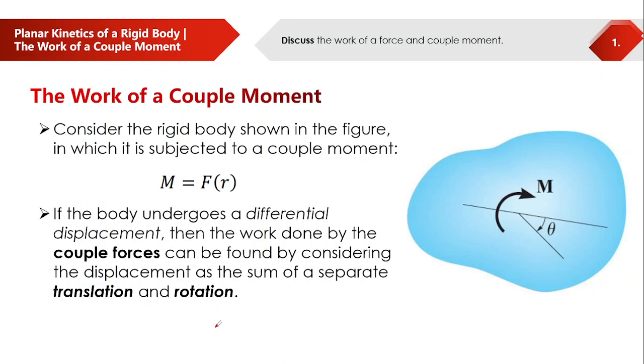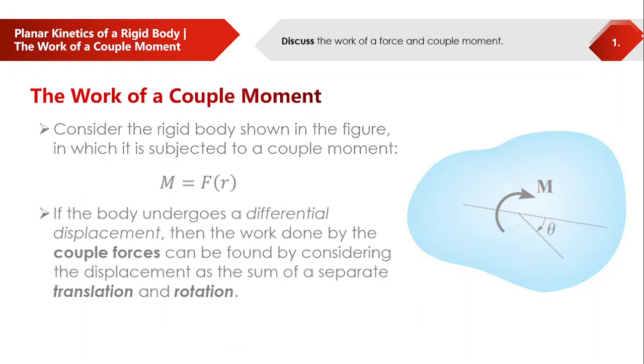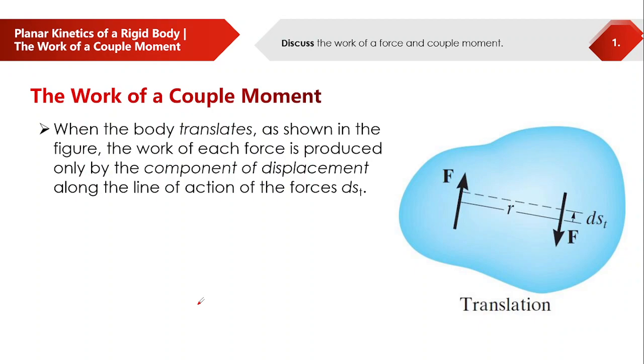Iba yung displacement ng translation mo tsaka iba yung displacement ng rotation mo. In-add mo yun, then yun yung differential displacement na in-exert ng couple forces mo. Anyways, kung medyo na-confused, meron naman dito further discussion pa.